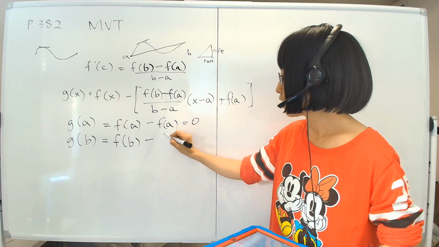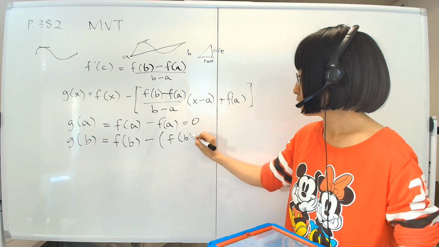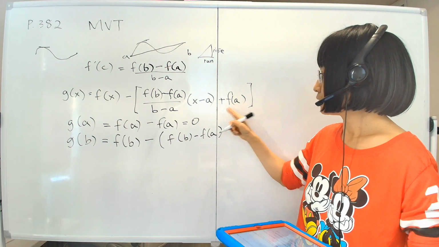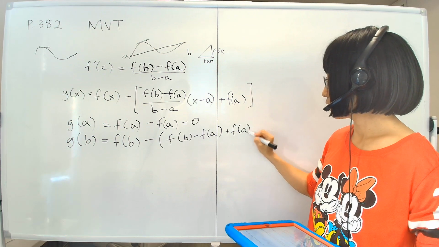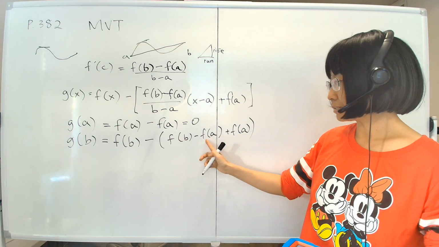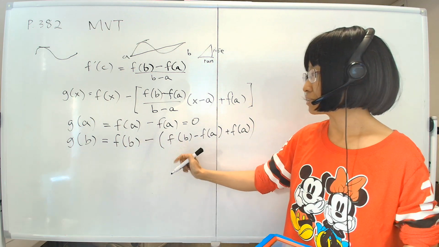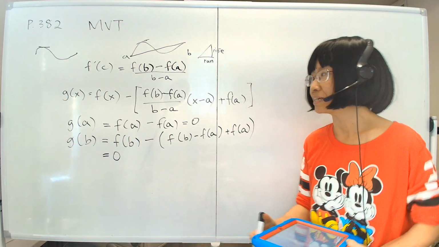So we only have f of b minus f of a, plus f of a. And what does that equal? Minus f of a plus f of a is 0, and f of b minus f of b is also 0. So this g of b has the interesting quality of being 0 as well.